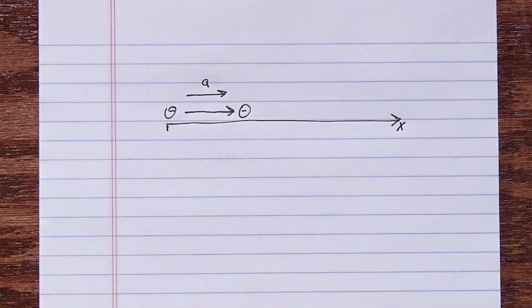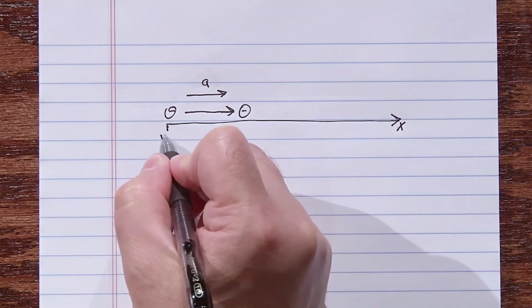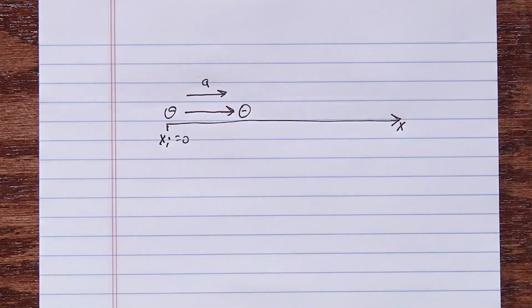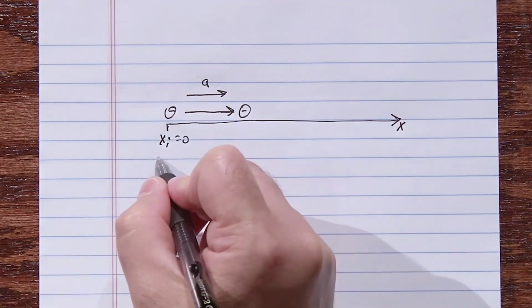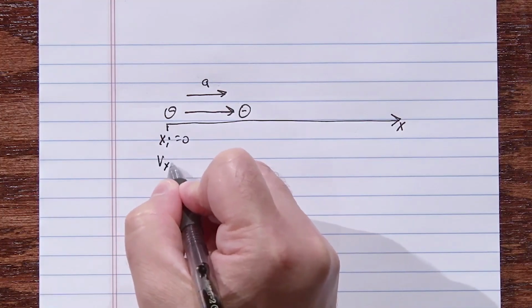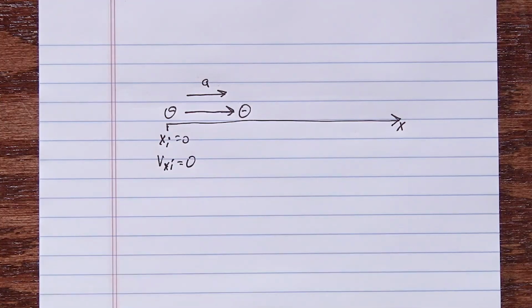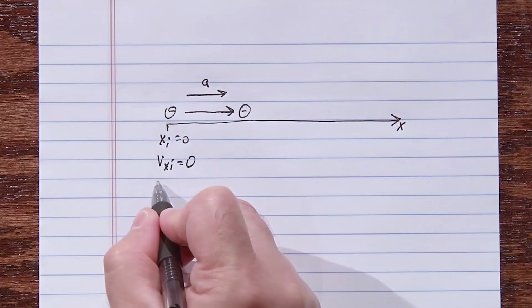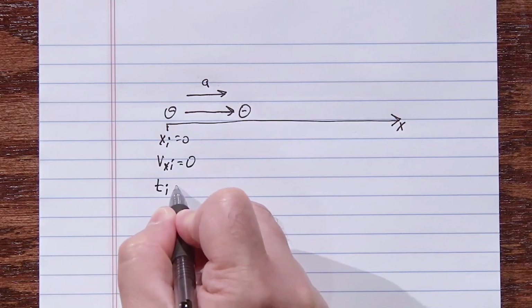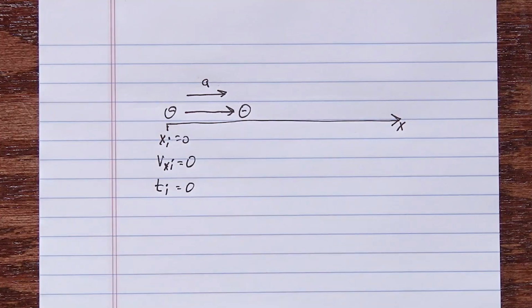And we'll start the electron off at x initial is equal to 0 meters. Vx initial, it starts from rest, so that's also 0 meters per second. And the time at which it starts, we'll call that t initial, we'll call that 0. We'll start our stopwatch when the electron starts to move.